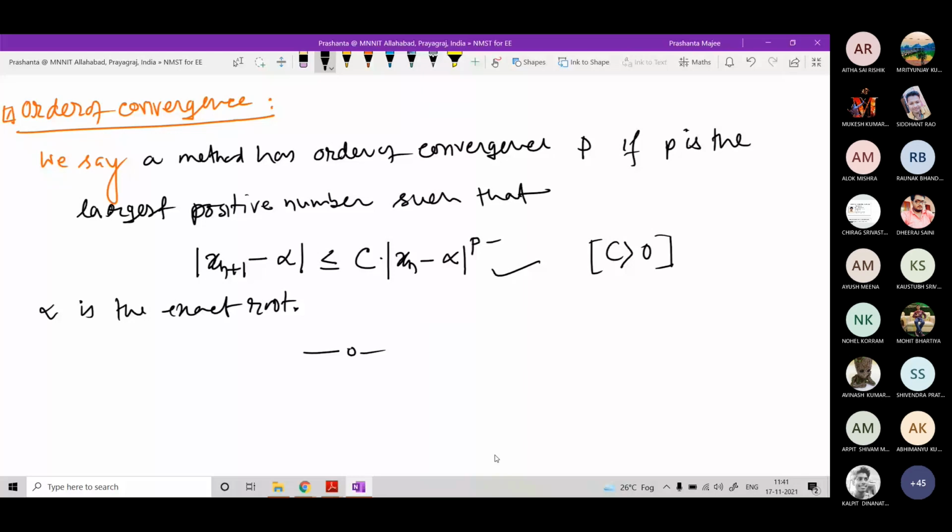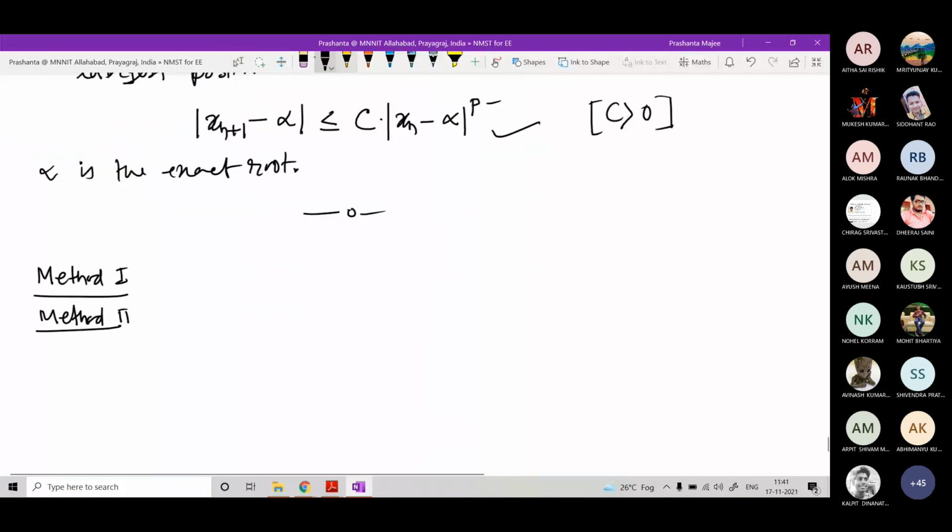So suppose you have two methods, method 1 and method 2. In the nth iteration of method 1, it is said that the error is bounded by 0.001.